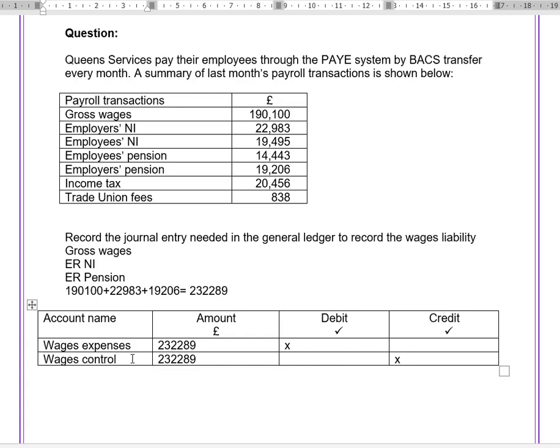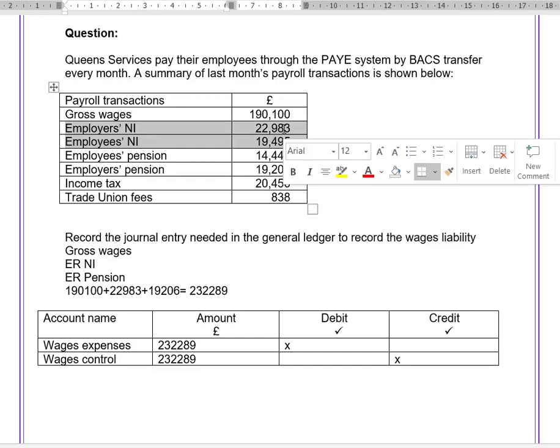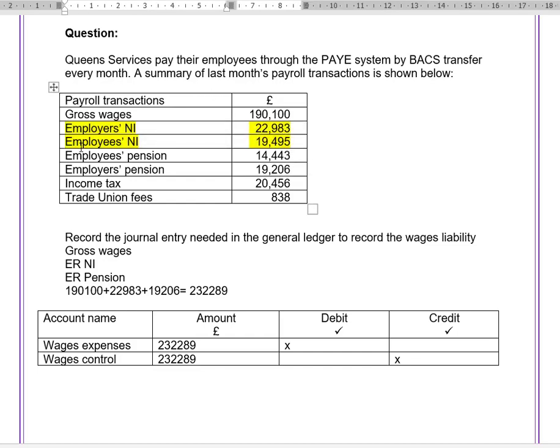You also have to bear in mind that we have to pay HMRC some money on behalf of the staff members, and that will be represented by the employees NI, employers NI, and the income tax.